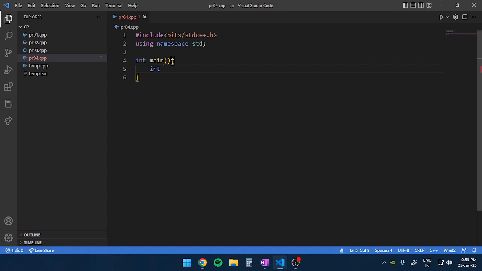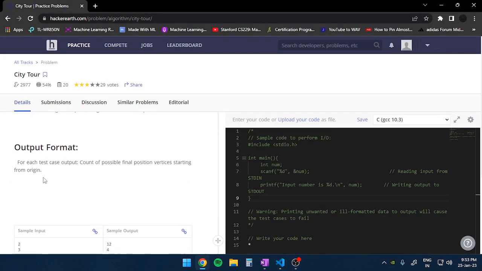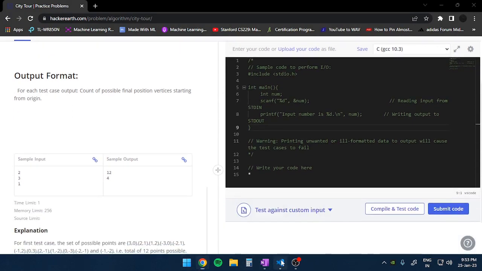There are test cases, right? Wait a second, do we have test cases? Okay, test cases are there. Okay, cool.